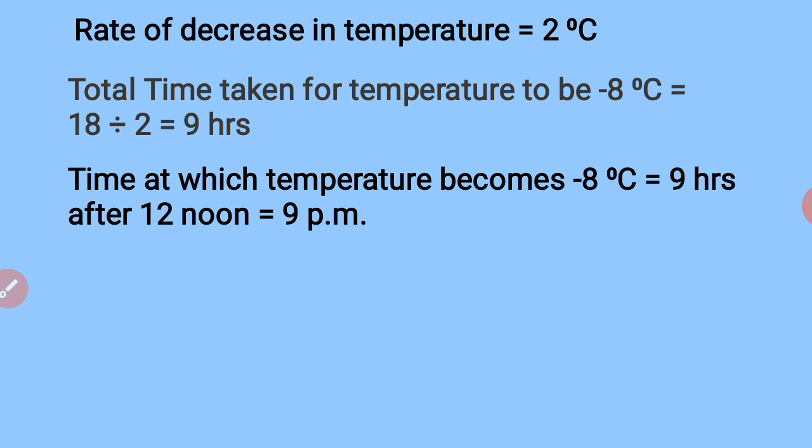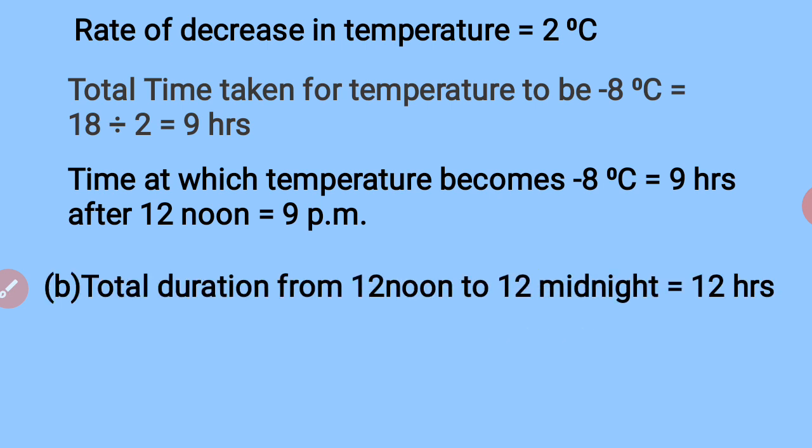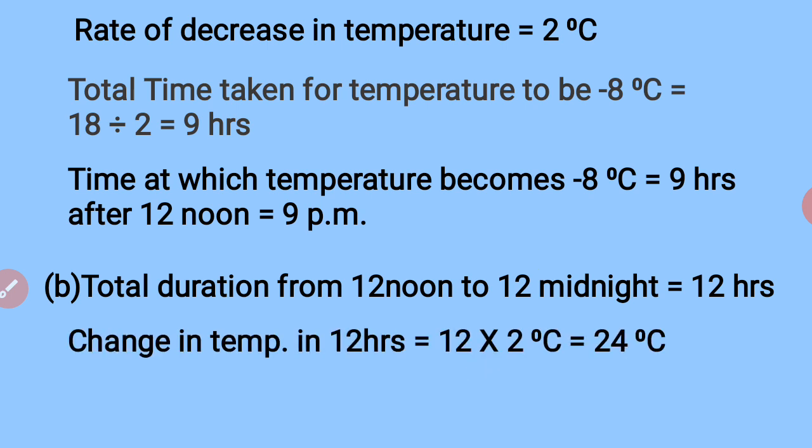Okay children? There is one more question over there. We have to find out the temperature at midnight also. Total duration from 12 noon to 12 midnight is 12 hours, everyone knows. Every hour, the temperature is decreasing by 2 degrees.